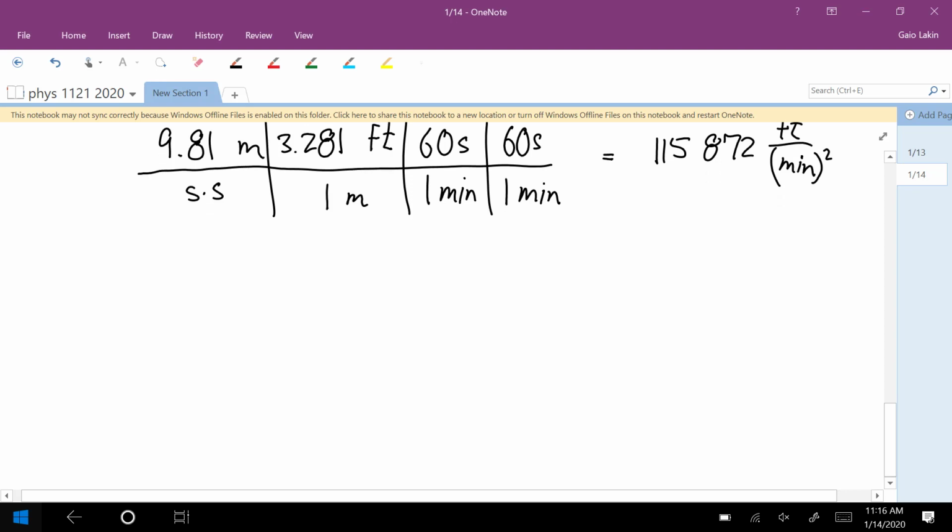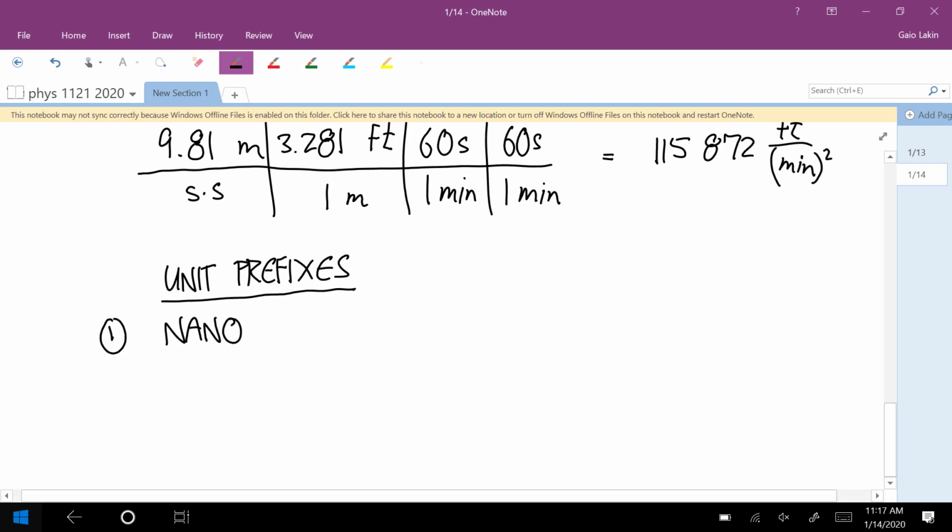And then we're going to use unit prefixes pretty often. So the ones that we're going to use the most are nano, which you can think of as meaning times 10 to the minus 9th. Micro, you can think of as meaning times 10 to the minus 6.